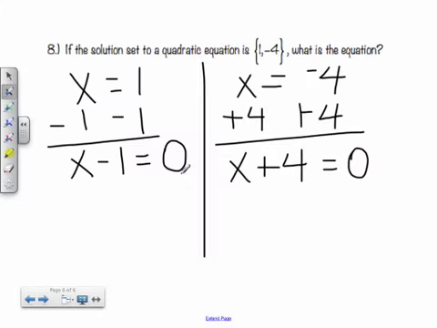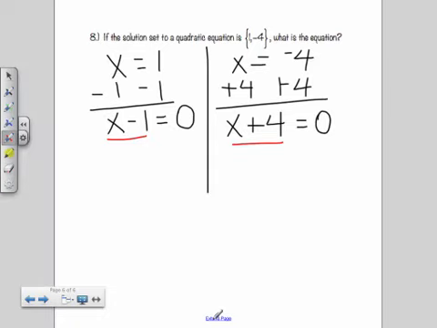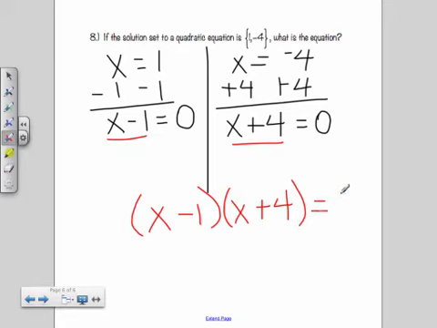So now that I have my two expressions set equal to 0, I can take those two expressions and put them into my two binomials being multiplied together. So I can say that it's x minus 1 multiplied by x plus 4 equals 0.